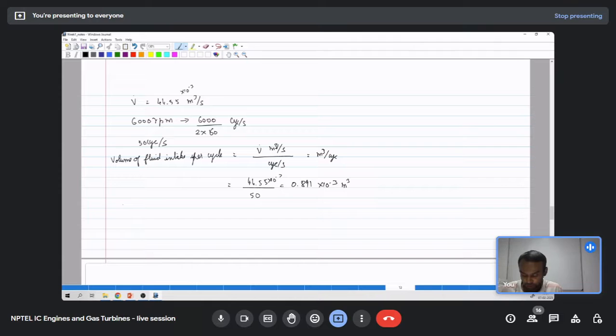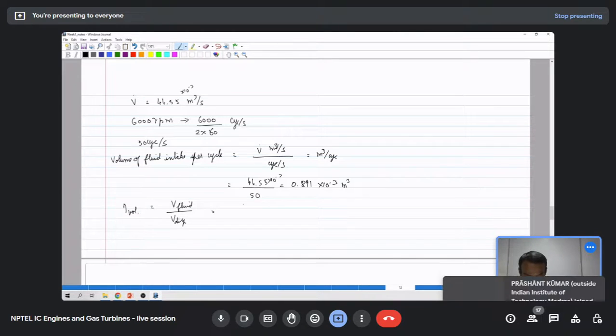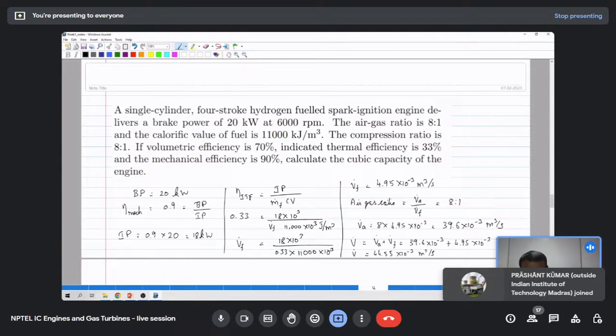Now we have the volumetric efficiency, which is V fluid divided by volume of displacement. What is the volumetric efficiency?